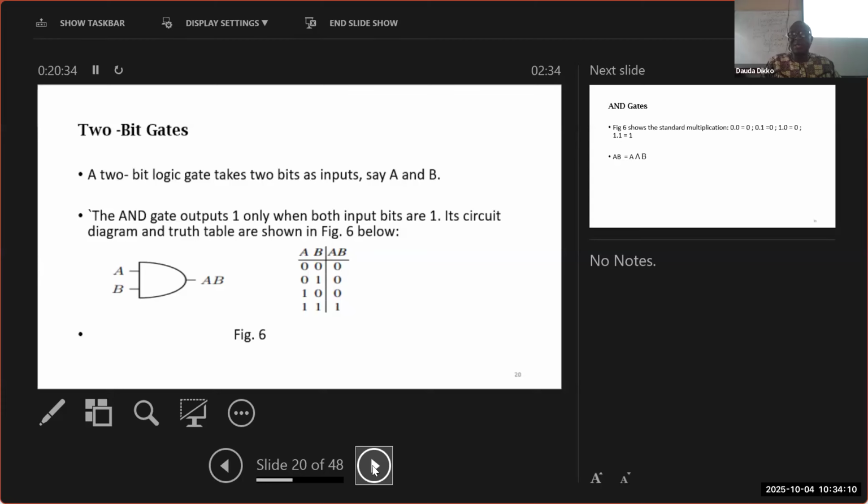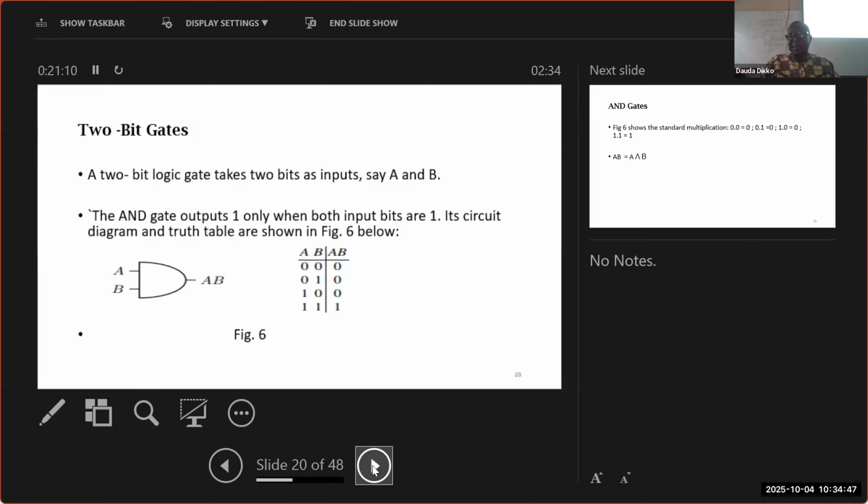AB is just like the normal multiplication, that is A multiplying B. So let us consider when A is equal to 0 and B is equal to 0. Then the output is 0. When we have 0 and 1, the output is 0. When we have 1 and 0, the output is also 0. So for the AND gate, it can only give 1 as the output if the 2 inputs are 1.